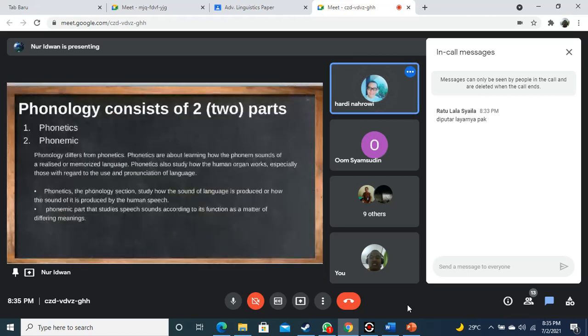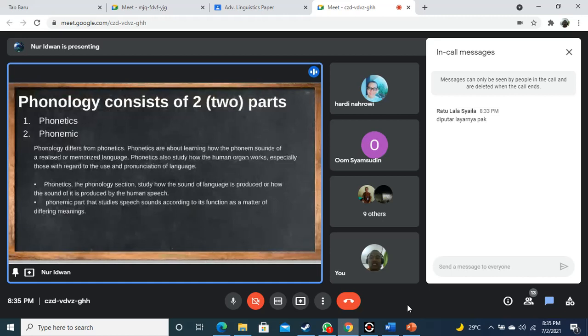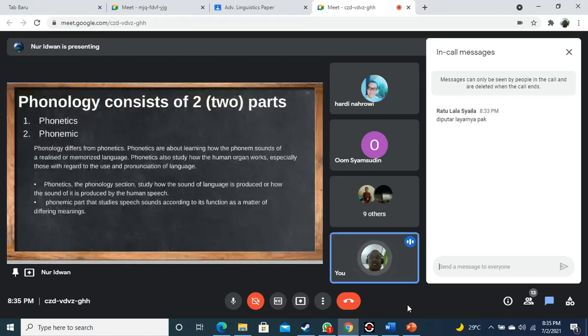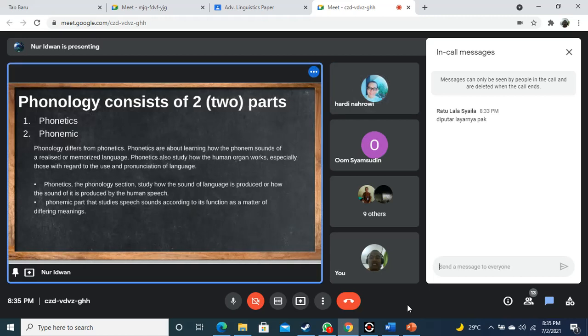Next, phonology consists of two parts. First, phonetics, and second, phonemics. Phonology differs from phonetics. Phonetics is about learning how the sounds of a spoken or memorized language are made.